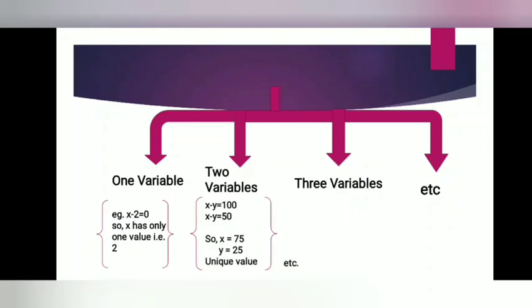These are two variables, two equations. If you solve it, you will get x equal to 75 and y equal to 25. That means if you put the values of x and y in the left hand side of equation 1 or equation 2, then you will get the right hand side. Means they will have the unique values, that is x equal to 75 and y equal to 25.